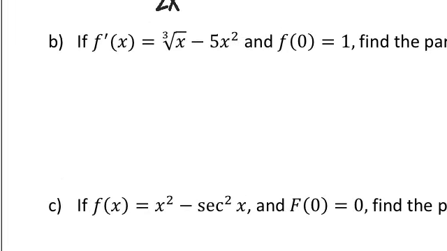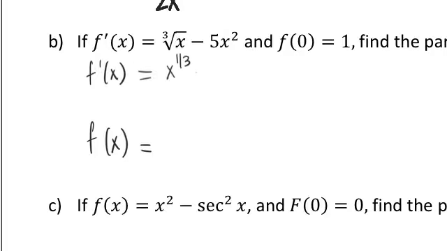This next one, for each of these, you may want to pause the video and then check your answer. So here you would start by realizing, first of all, I'm at f prime, so the antiderivative is going to be called f, and this has to be written as a power function, x to the 1/3 minus 5x squared.